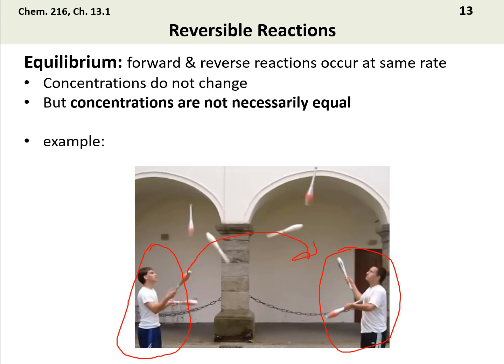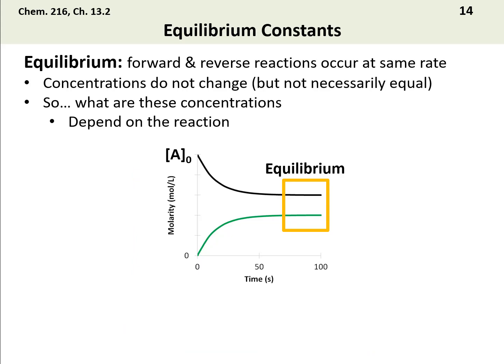This one's going to go over there, right? So they're changing as they go, but at any given time they have two, right? So the reactions going this way and this way are both occurring, but at any given time they have two of these juggling staffs, okay?